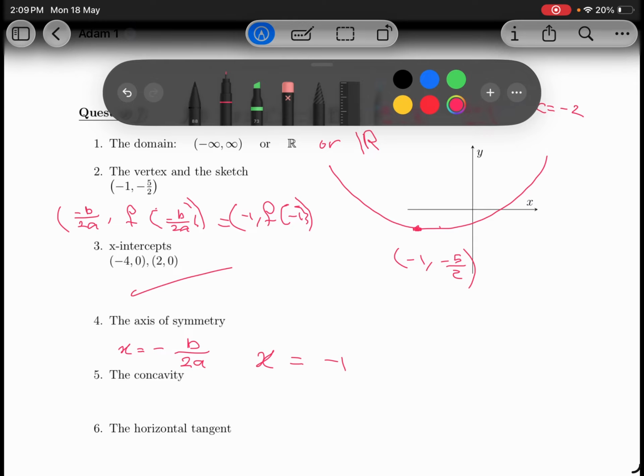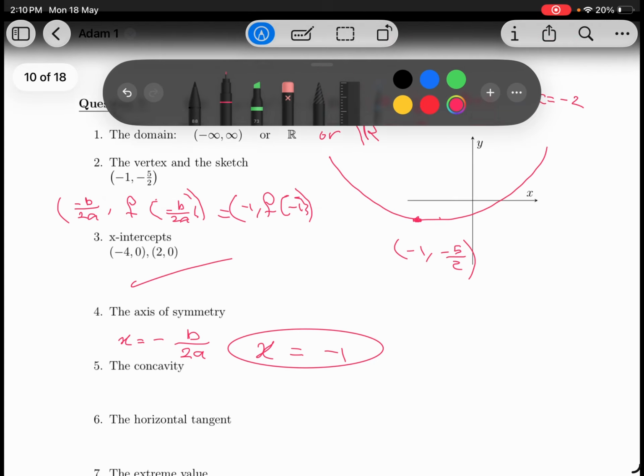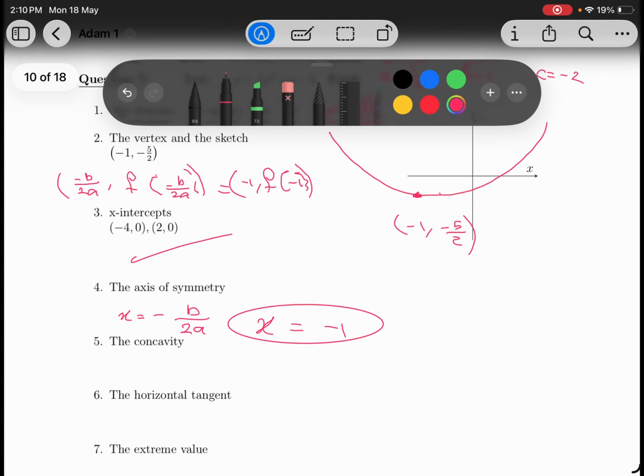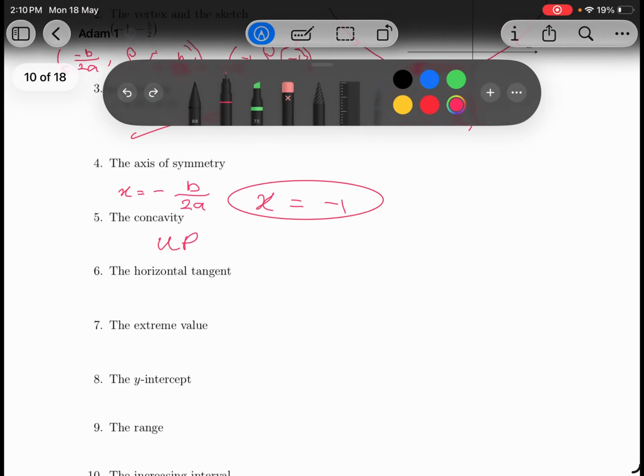So x equals minus 1 is the vertical line that passes through the vertex and splits this beautiful parabola into two identical parts. Okay, so here guys we have the axis of symmetry and concavity. Of course a is 1 over 2, it's less than 1 but it's positive, so it's concave up, and this is obvious. Look, it is concave up indeed.